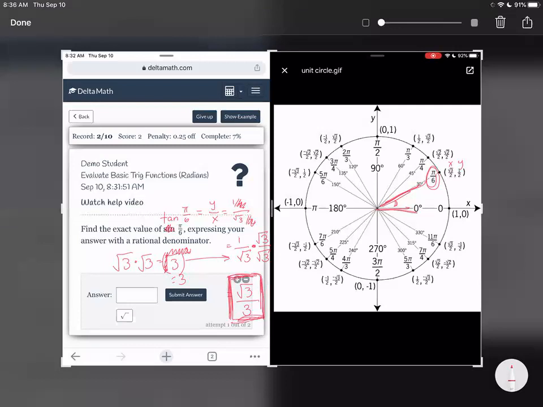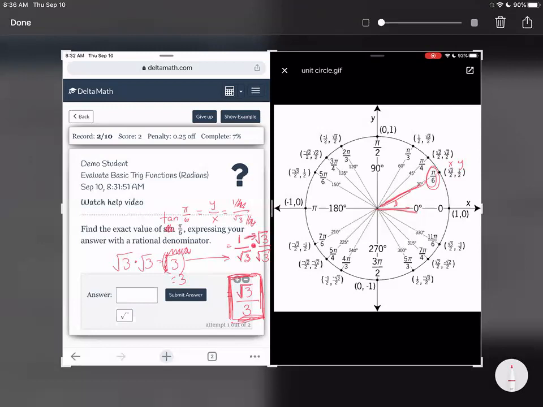Well, we had the 1 over root 3, right? The step before it. And I told you that's incorrect math grammar. So in order to get it to be correct, what you have to do is multiply the top and the bottom by the radical. So I multiplied the top by root 3. I multiplied the bottom by root 3. So 1 times root 3 gives us just root 3.